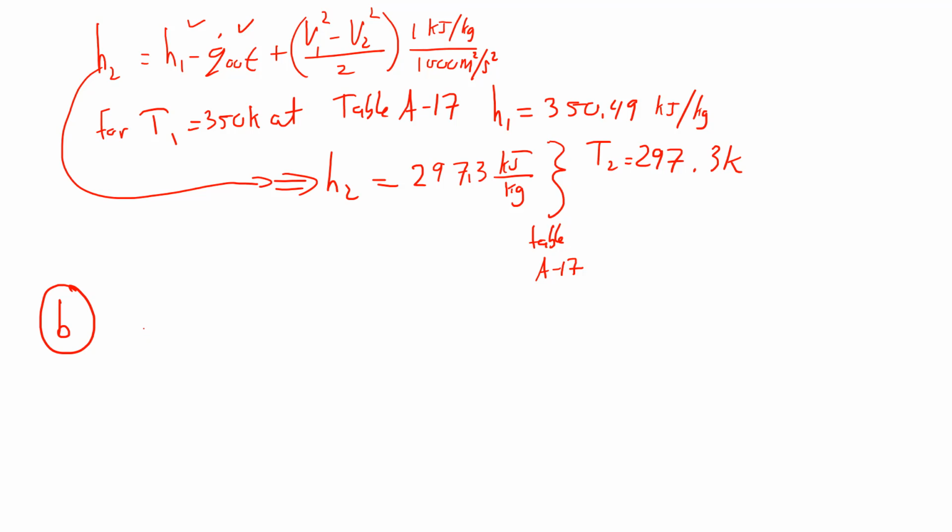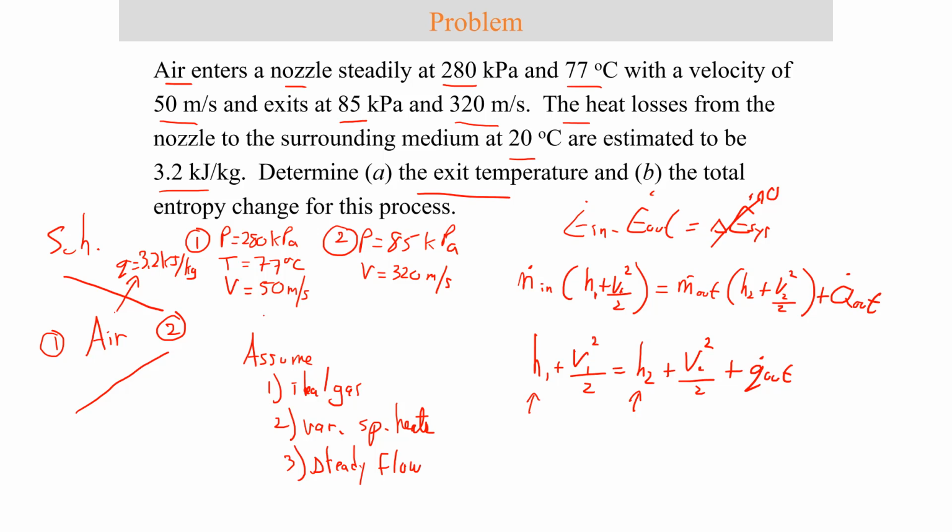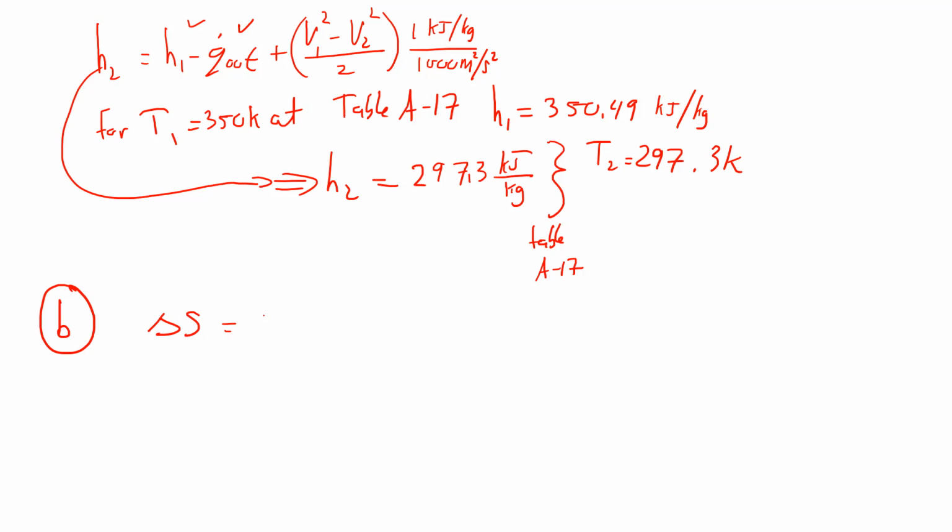Part B is asking you to find the change in entropy, or I'm sorry, it wasn't a change in entropy of the air. It's the total change in entropy for the process, right? So that would be equal to the change in entropy for the air plus the change in entropy of the surroundings.